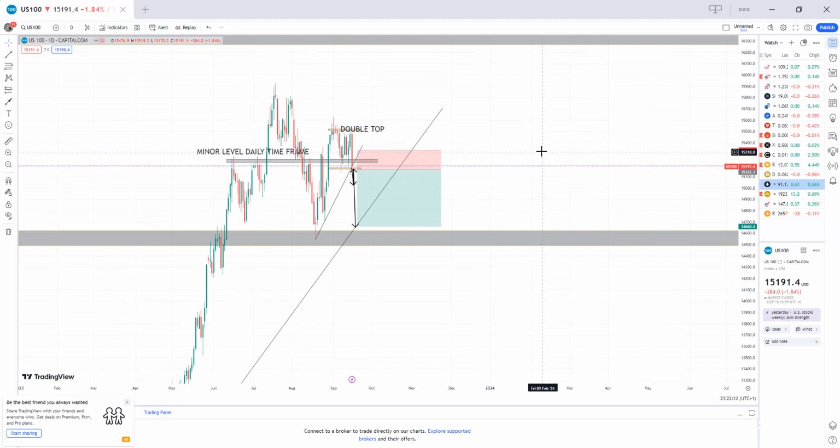So I'll be waiting for that zone to be taken away. If that zone is taken away with a daily candle close, then I'll go down. But if price reverses to the upside, I won't do anything; then I will have to strategize and continue with the trend.